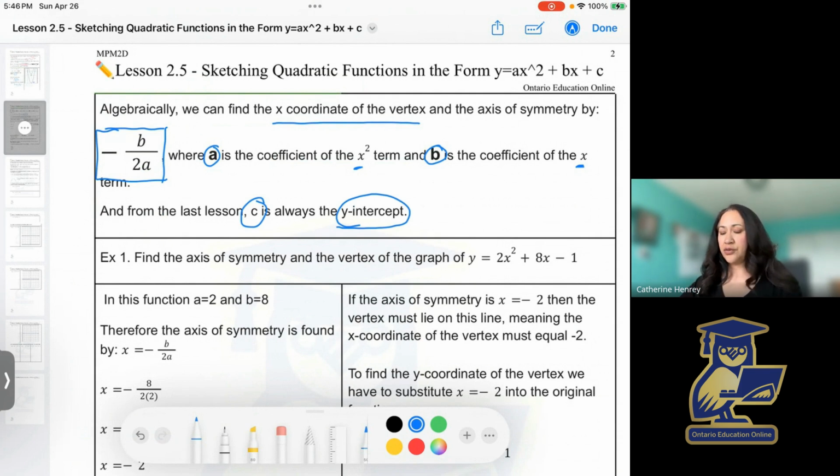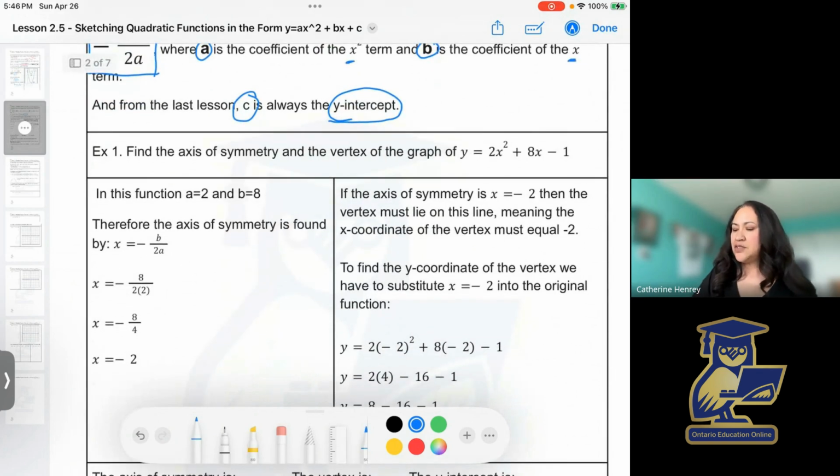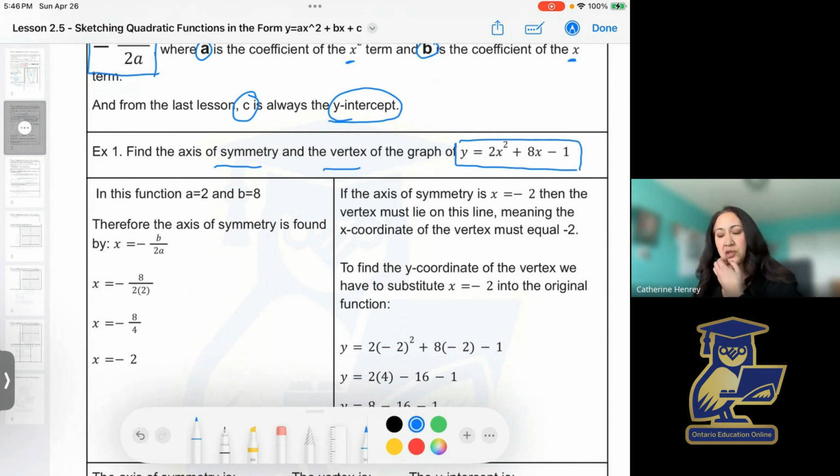So let's walk through and read through this example. Find the axis of symmetry and the vertex of the graph y equals 2x squared plus 8x minus 1. So in this function, we can identify that a equals 2 and b equals 8.